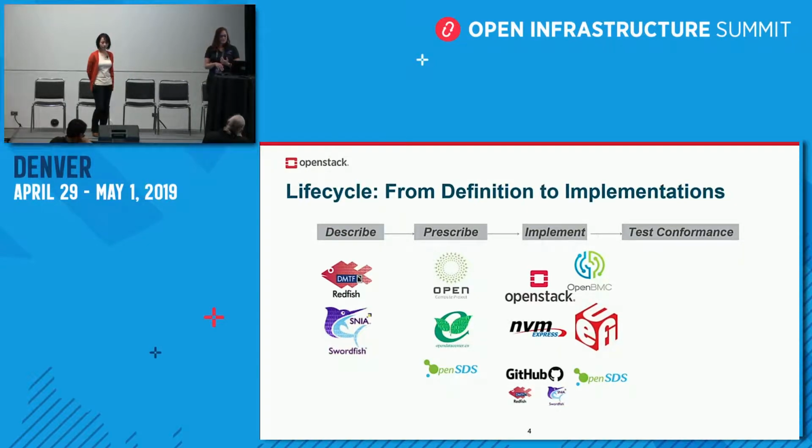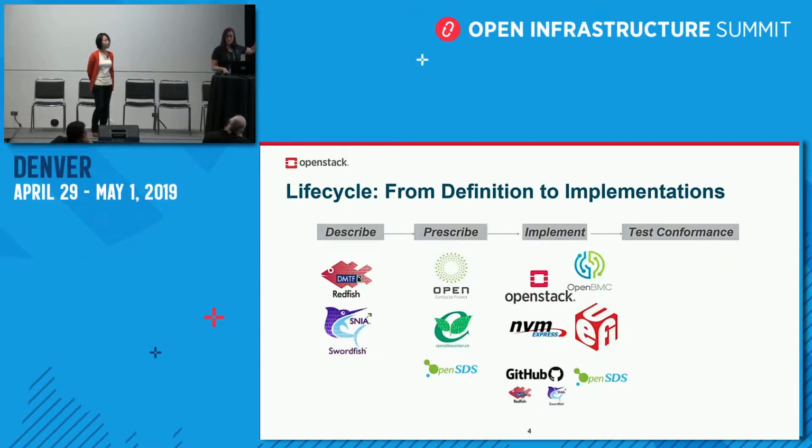These are things like tool sets, and this is all focusing on what's happening in the open communities and in the standard space. So these are not even talking about vendor implementations at this point. But these also follow a similar timeline. So you have things like integrations into OpenStack. You have integrations into OpenBMC, partnering work with NVM Express.